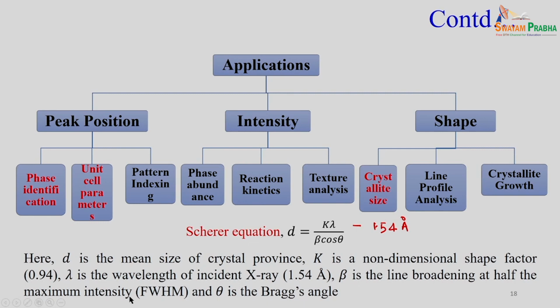Basically this is the intensity of the peak, and theta is the Bragg angle. This information is already provided during the XRD analysis, and from it we can calculate the average crystal size.